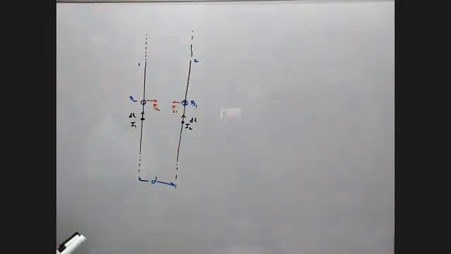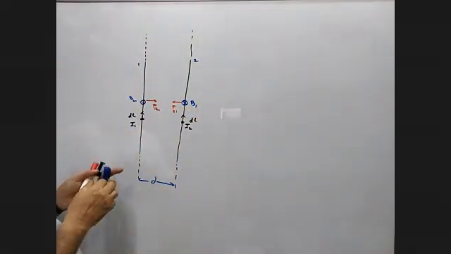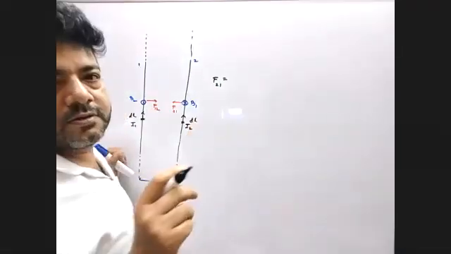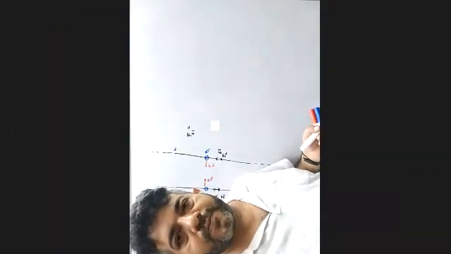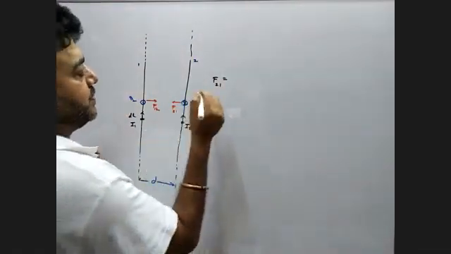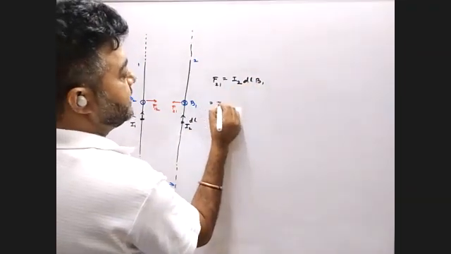Now see what happened. If you want to find the force at 2 due to 1, that is I2 dl B1.